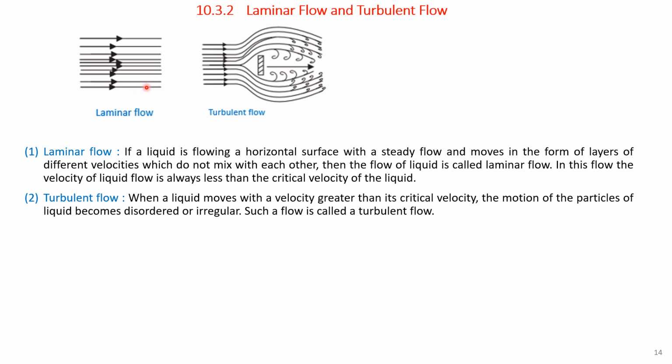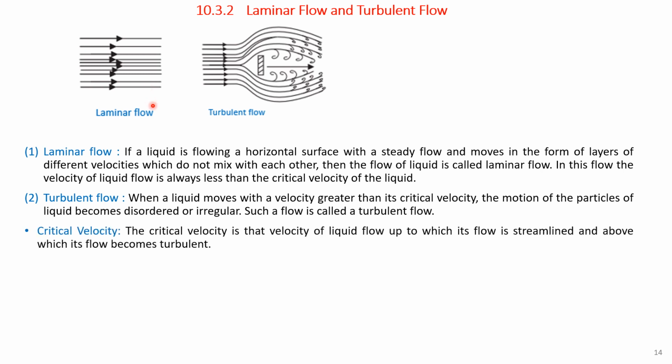Turbulent flow. When a liquid moves with a velocity greater than its critical velocity, the motion of particles of the liquid becomes disordered or irregular, as shown in the figure. Such a flow is called turbulent flow. Critical velocity.